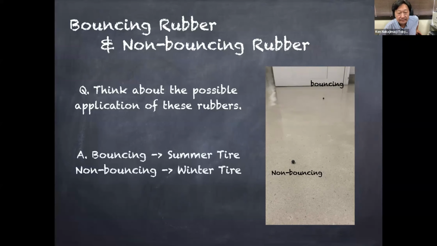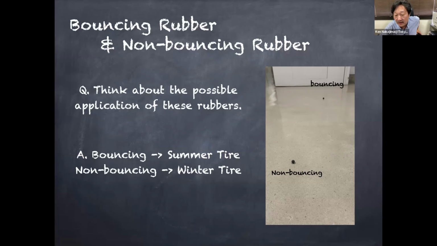Yes, the bouncing ball is used for the summer tire, and the non-bouncing ball is used for the winter tire. I don't know whether you have much snow in Taiwan or not, but in Japan, we have snow. On a snow road or icy road, energy must be dissipated to quickly stop the automobiles. So energy dissipation should be at a very high level.